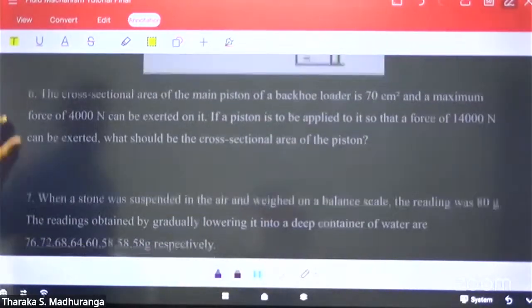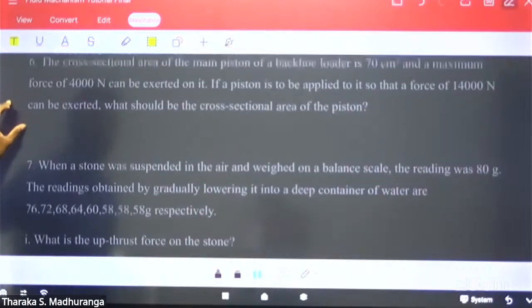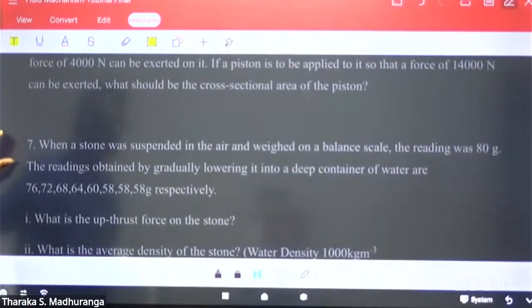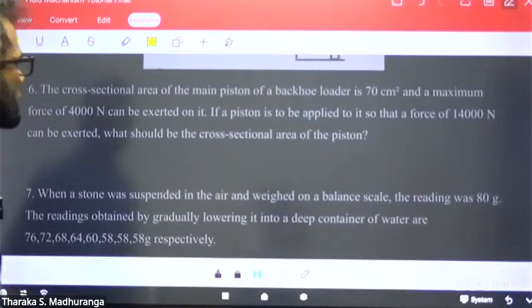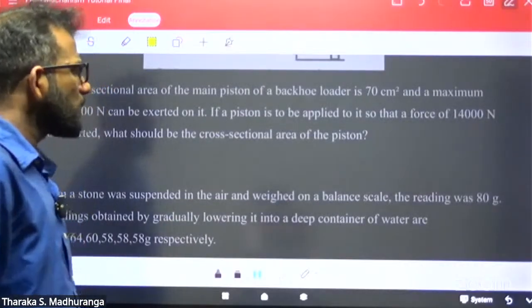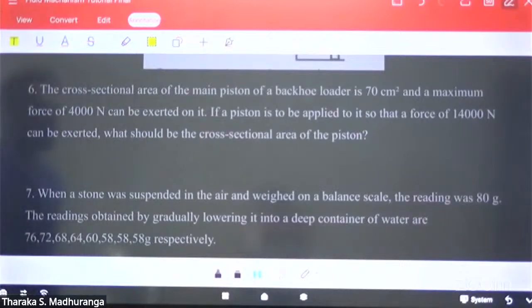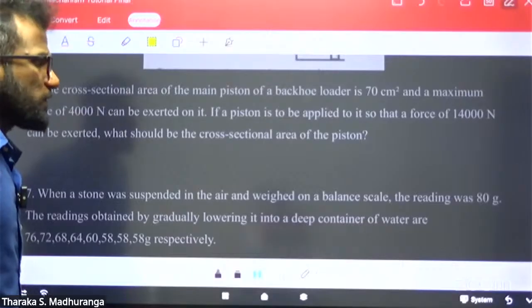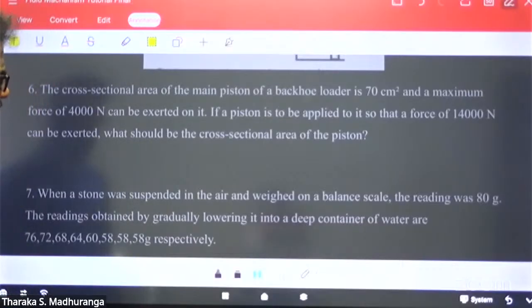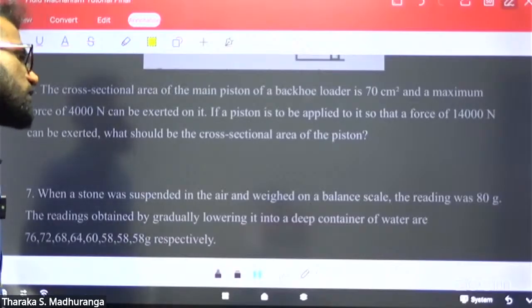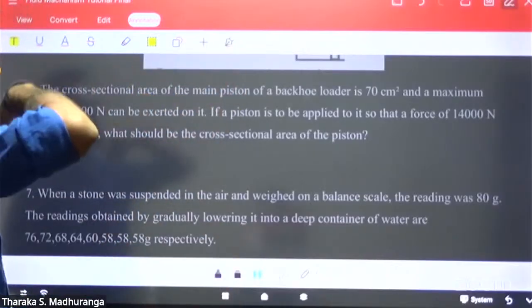Okay, next question, the 6th one. The cross-sectional area of the main piston of a backhoe loader is 70 square centimeter, and a maximum force of 4,000 Newton can be exerted on it, the main load.